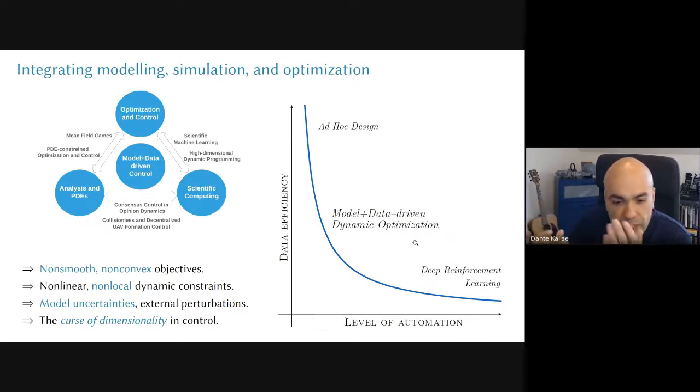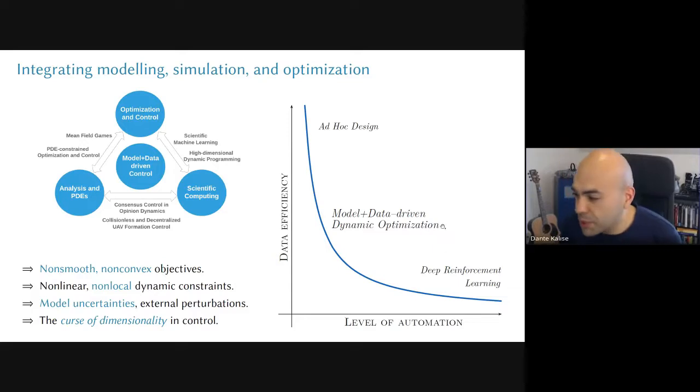And then we're really trying to balance the world of model-driven ad hoc design with data-driven optimization, data-driven techniques. So this is a very, very rough picture of what we try to do nowadays in this sort of topics. But it's somehow the same picture for computational applied mathematics in general, I would say.